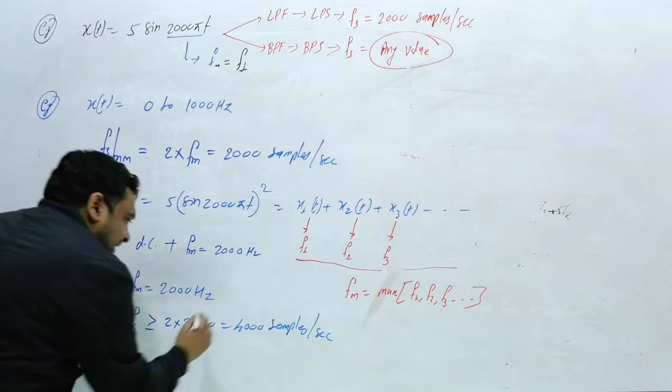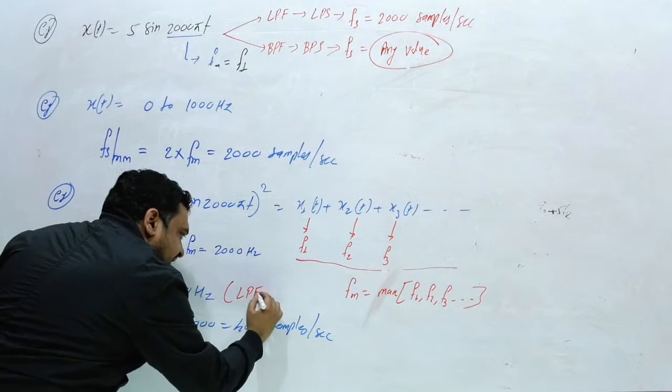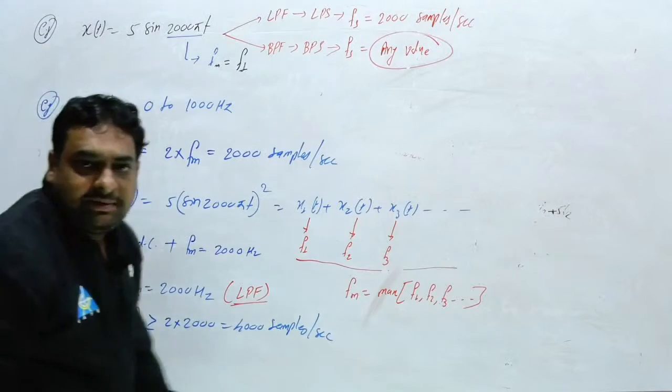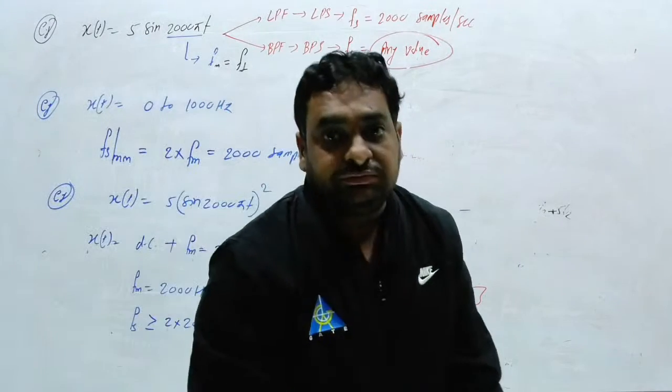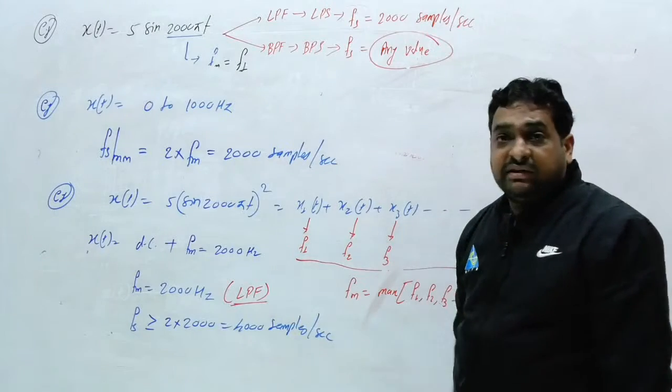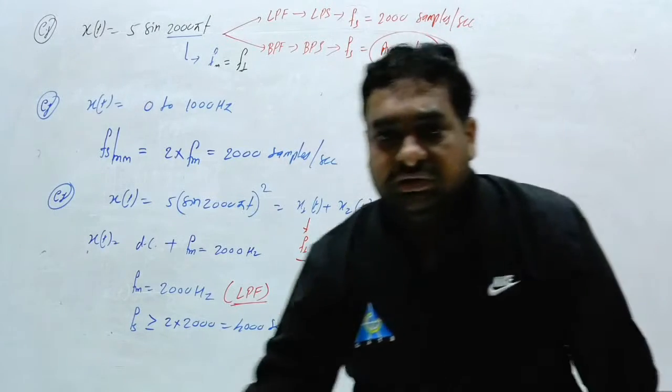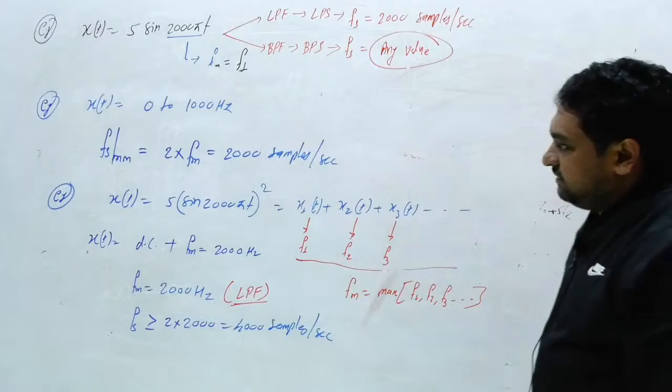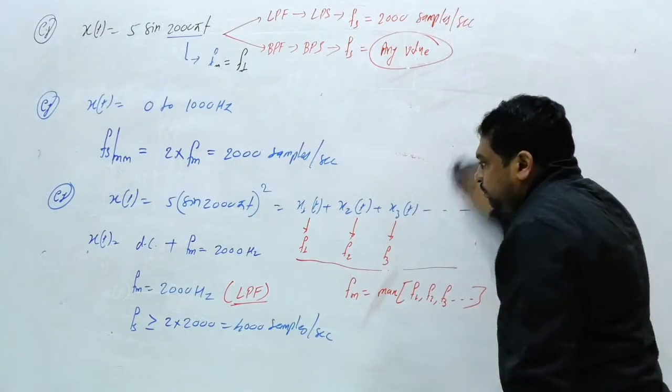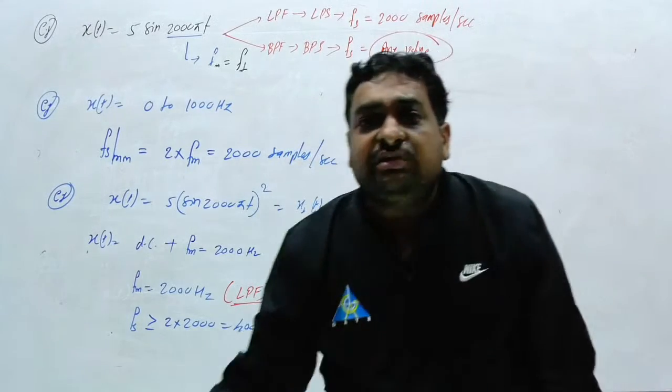So this answer is valid if you are assuming low pass sampling. But if you assume band pass sampling, things will change. Getting this? So I am just telling how to approach if you get a square term like this.